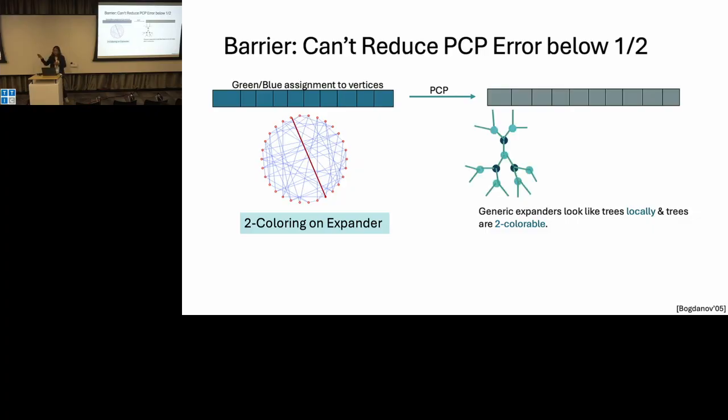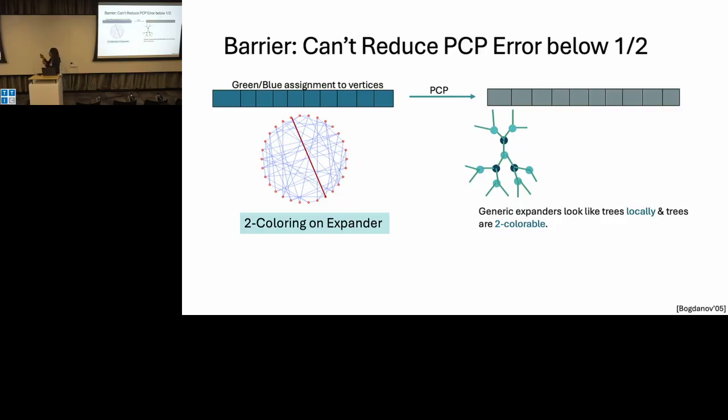So what a prover can do is to completely ignore the original two coloring and just forget about it, and just give a random two coloring to every neighborhood. So pick a color of the vertex you are at randomly and then just propagate it to its neighbors.